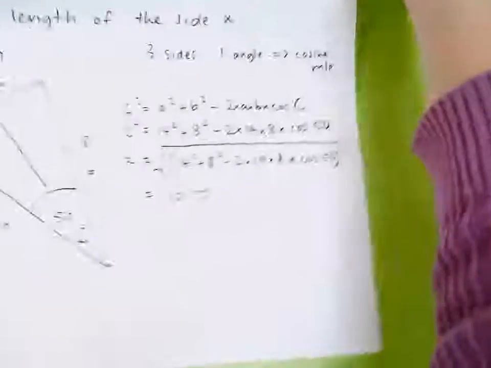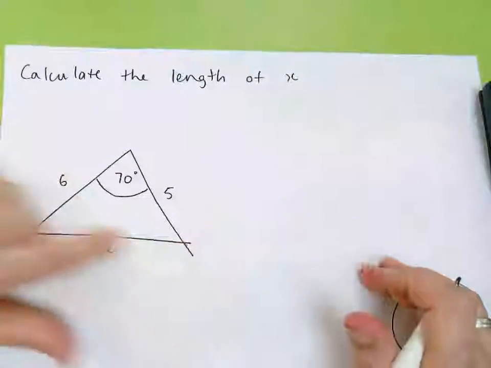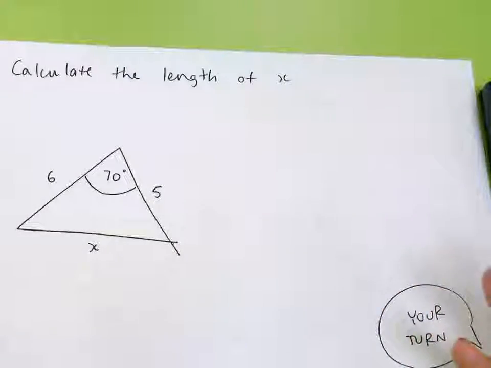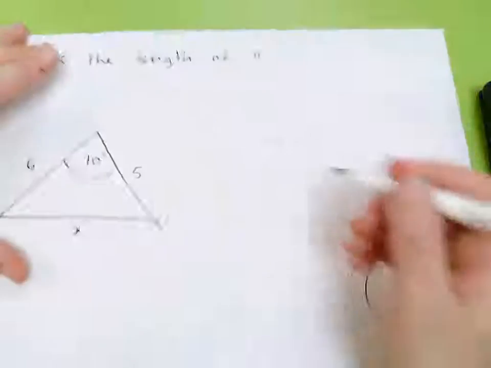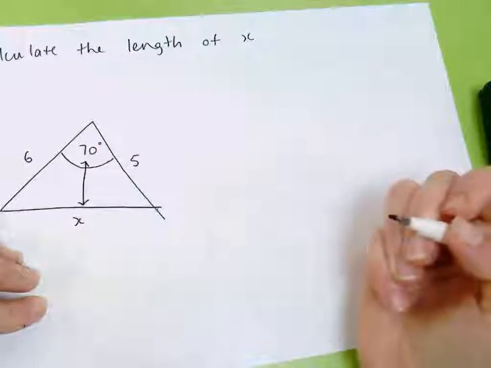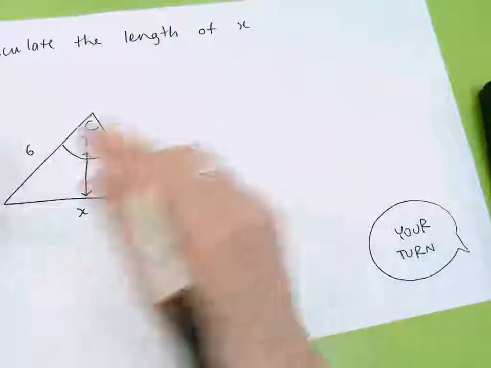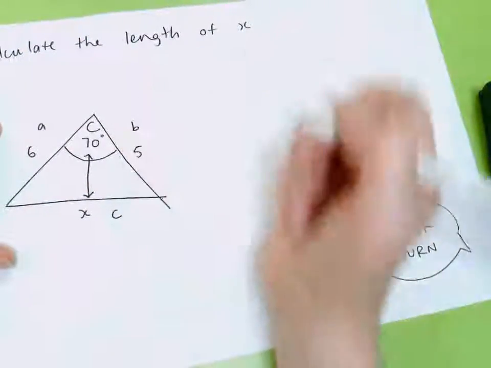Okay, so I'd like you to have a go at working out the length of this side in this question. So remember, think, where's the angle-side pair, and then use your formula. Hopefully you went okay with that. So I first need to see that this is my angle-side pair. So they're the ones I'm going to have to label as C. A and B, doesn't matter what you do.